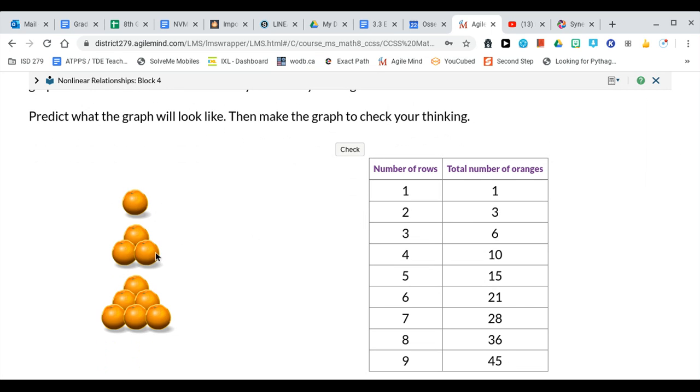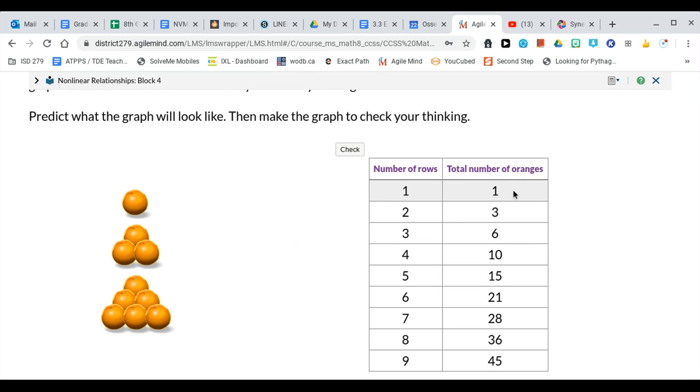The second row, now we have 3 oranges. Then the third row, we have 1, 2, 3, 4, 5, 6 oranges. So it goes 1, 1, 2, 3, 3, 6. And then the next ones will be 4, 10, 5, 15, 6, 21.